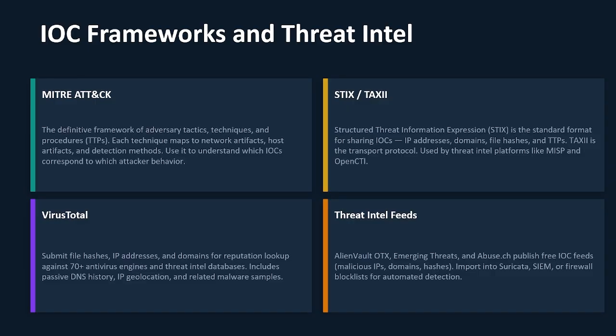But you can take those, import them into programs like Suricata, and use that to analyze traffic, or even firewall block lists. So utilizing those feeds and keeping up to date with all of that is very important.